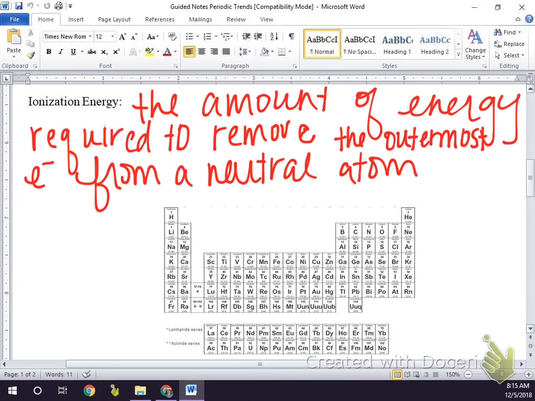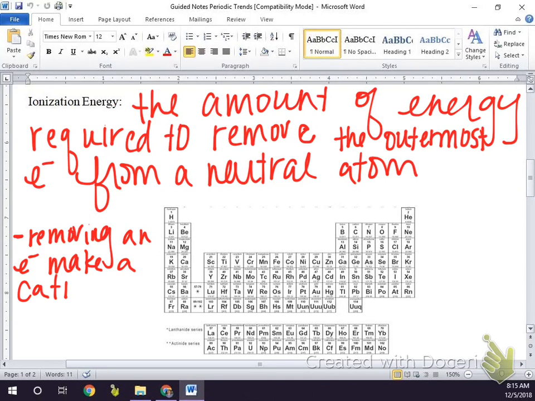All right, so I want you to think about if I remove the outermost electron from a neutral atom, what happens to that atom in terms of its charge? What does it become? Does it become negatively charged or positively charged? It becomes positively charged. So I want to just put this up here. Removing an electron makes a cation.